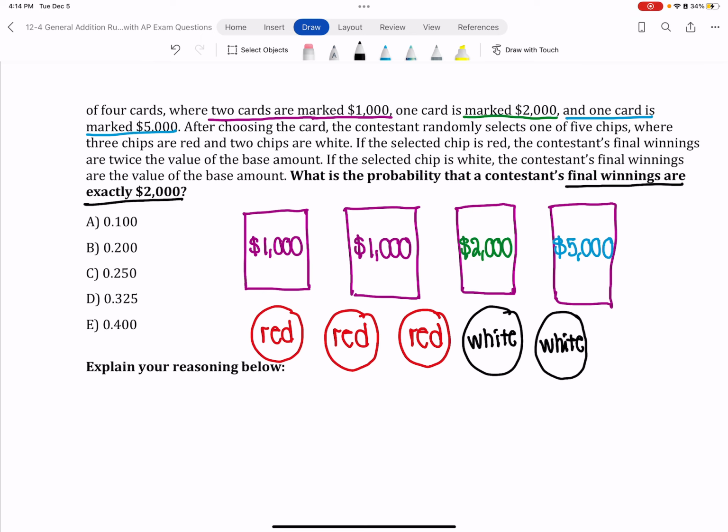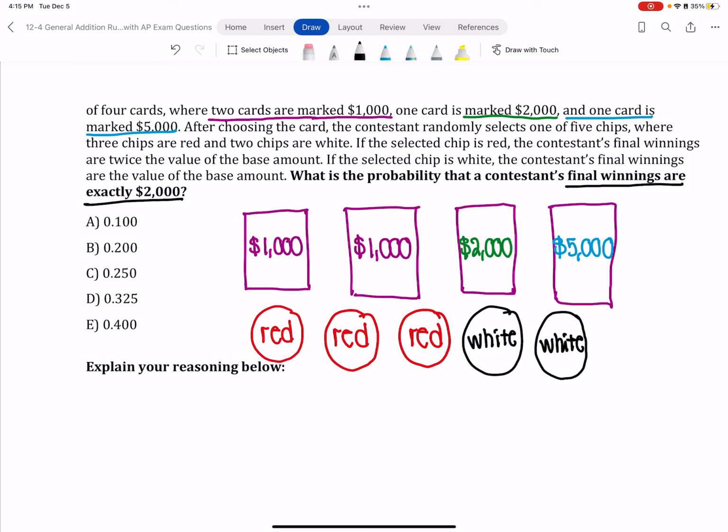Well, first off, out of the 4 cards, we can get 2,000 by selecting the $1,000 card and then multiplying it with the red chip, right? That's 2,000. So we can do that with each of the $1,000 card. And then with 2,000, again, we can get $2,000 by selecting a white chip.